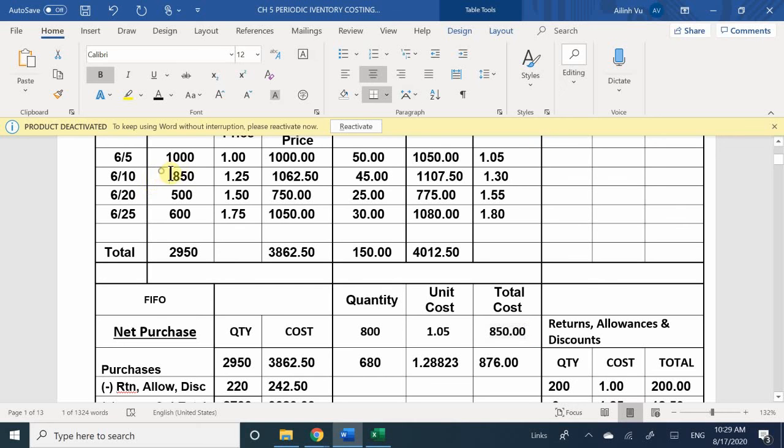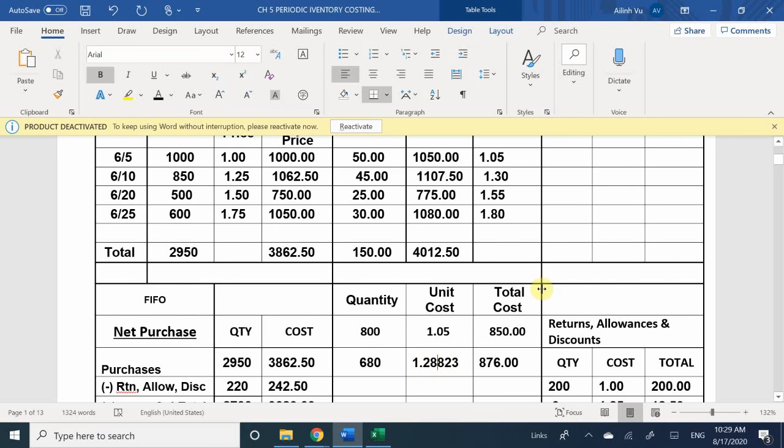Here we had 850, but we attempted to return, and we got a 20% discount off of the 50 items we returned, which means that we still have the same amount. However, it is lower than what it originally cost. Therefore, instead of having it at $11.07, we subtracted the $12 and 50 cents from this to get a lower number, which we had to recalculate the cost here.